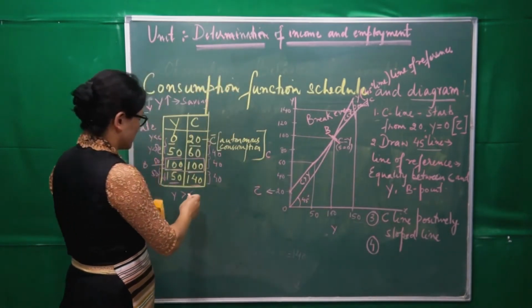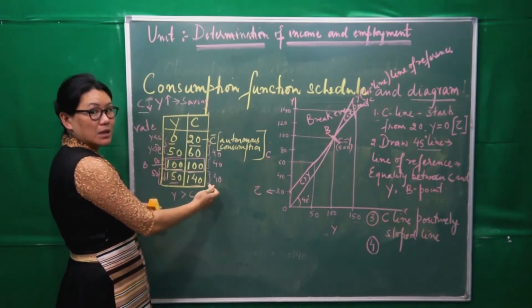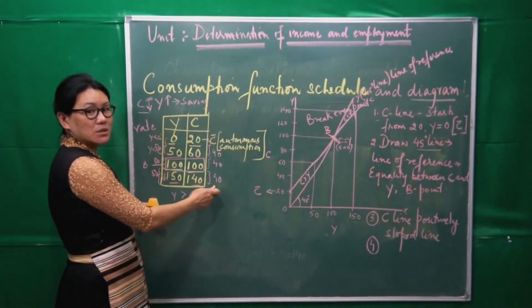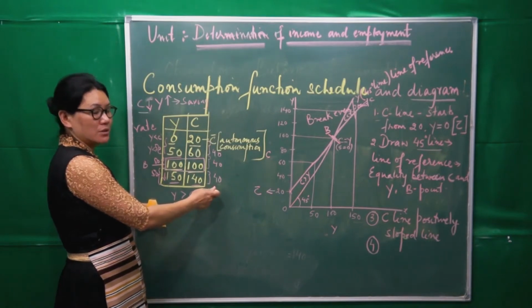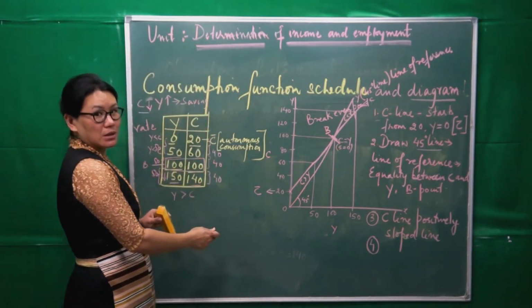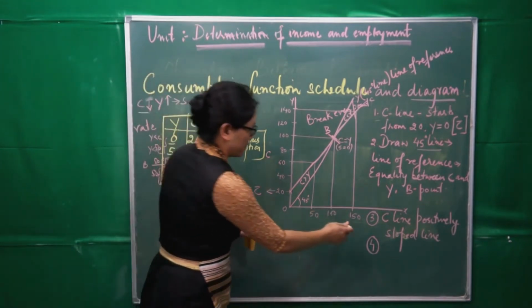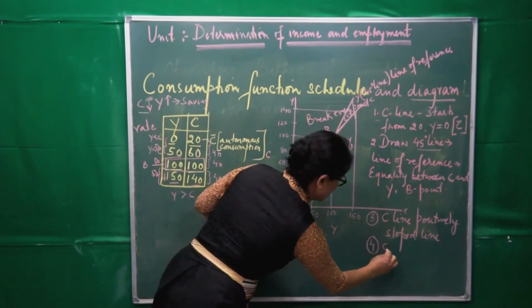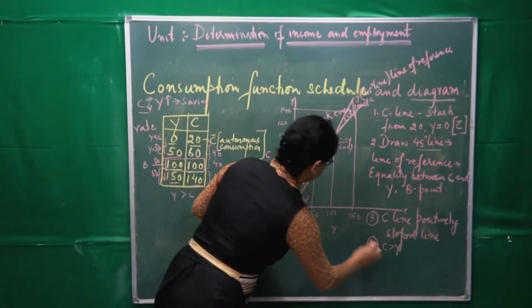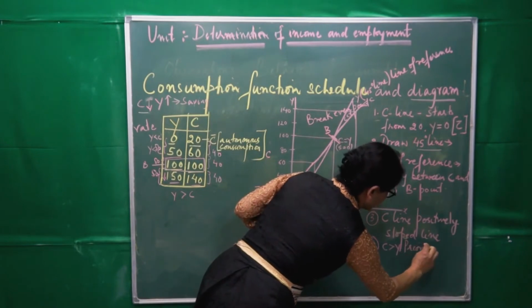Because I said, what is happening here? When income is increasing, the entire increase in income is not converted into consumption. What will the people do? They will start saving. Alright? Okay. So, we can say C is greater than Y prior to the B point.